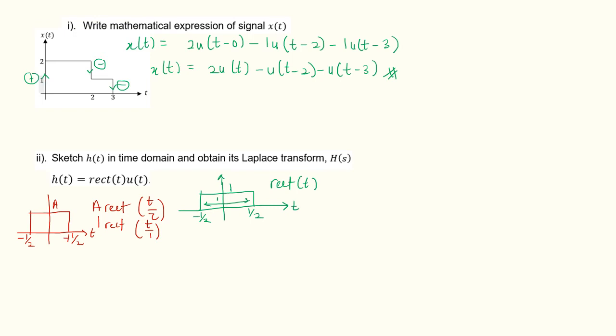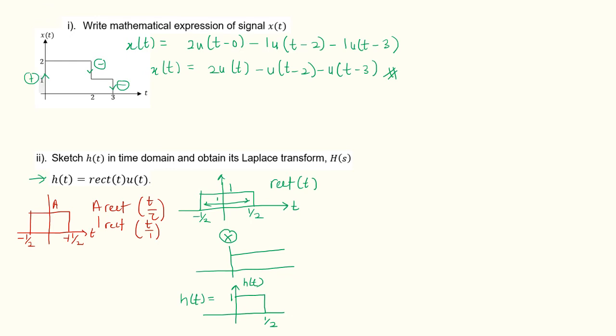But ht is equal to rectangular t ut, meaning this rectangular t is multiplied with ut. ut has a positive amplitude at positive t, while negative t will be 0. So when you multiply these two signals, you get rectangular t ut with only the positive side, up to 1 over 2. The magnitude is 1, so this is your ht.